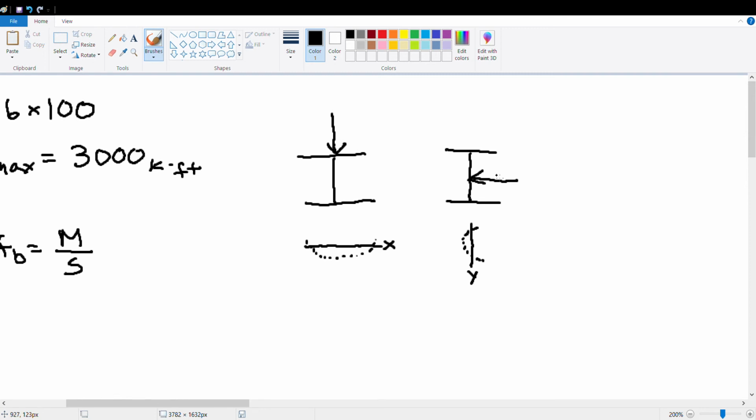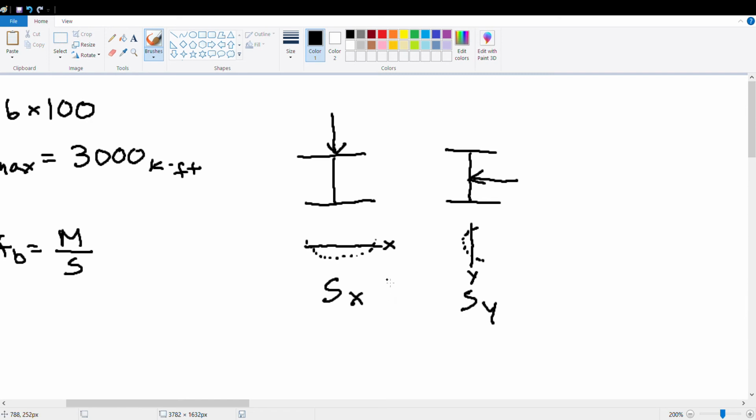This load will absolutely destroy the beam. This is called the weak axis, because if the load hits like this, then the beam is done. Again, please review this topic. But as a rule of thumb, for the AM part, it's for the most part going to be strong axis bending. So we're going to use Sx instead of Sy.